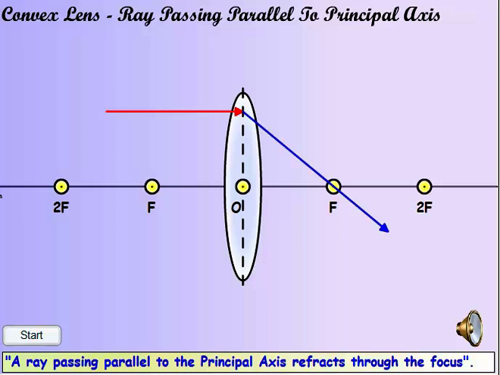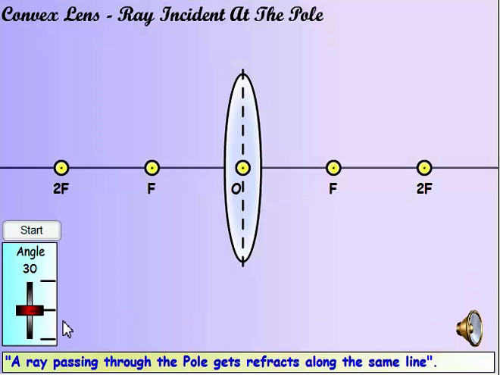A ray of light passing parallel to the principal axis of a convex lens emerges through the focus. A ray incident at the pole of a convex lens will continue without any deviation.